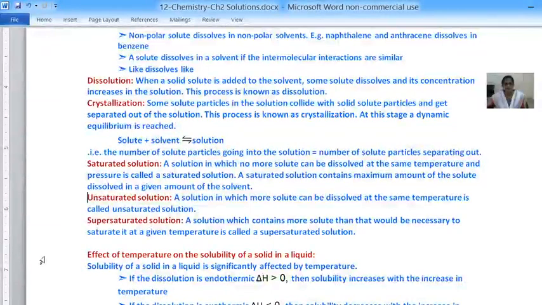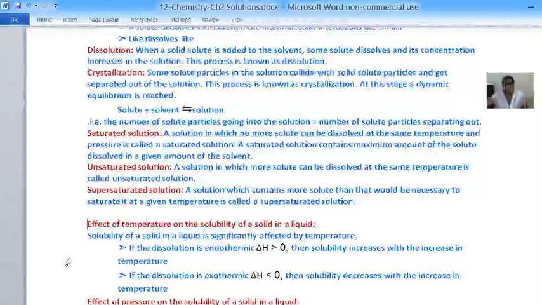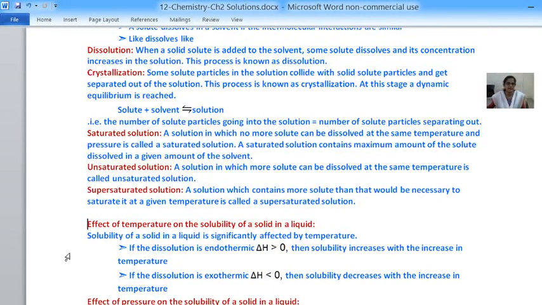Next, we will see the effect of temperature on the solubility of a solid in a liquid. The solubility of a solid in a liquid is significantly affected by temperature. If the dissolution process is endothermic, what do you mean by endothermic reaction? Heat absorbing reaction.